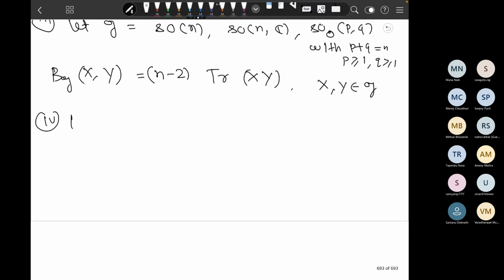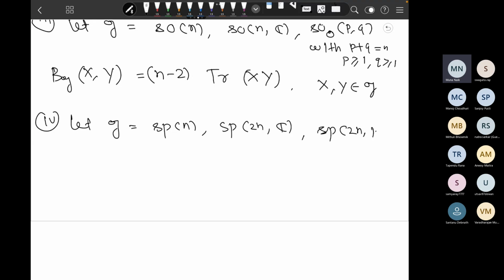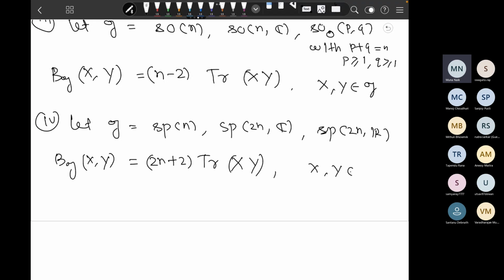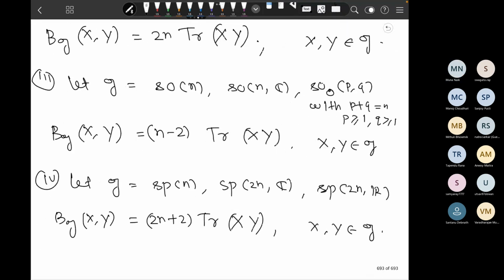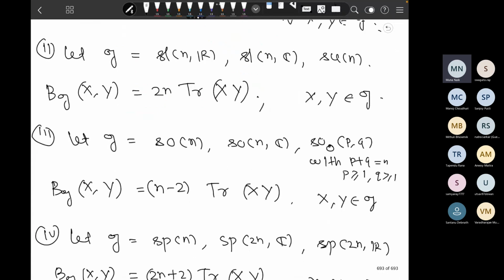Fourth, if G is equal to SPN or SP2NC or SP2NR, then B_G(X,Y) will be (2n plus 2) trace of XY, if X, Y belong to G. Okay, so we will prove this result later, but first we will apply this.